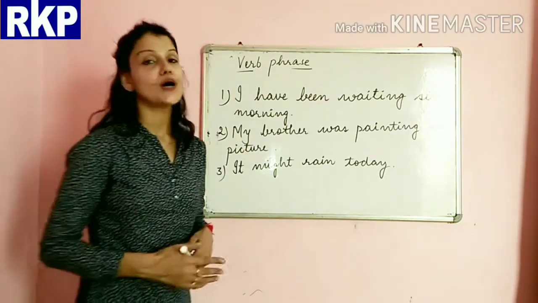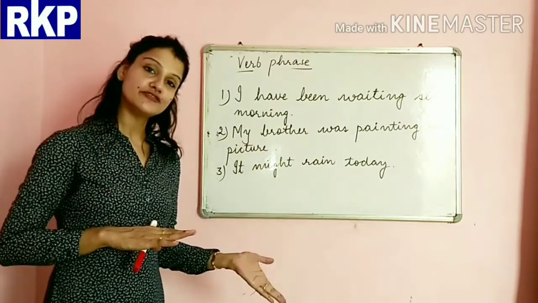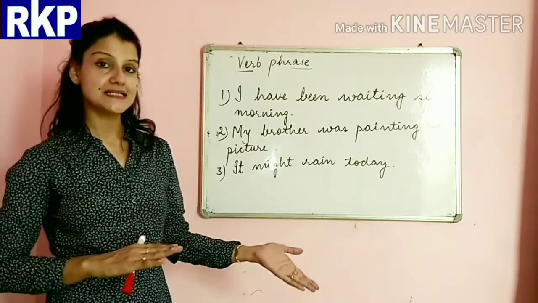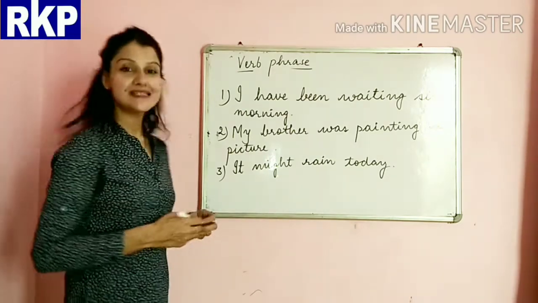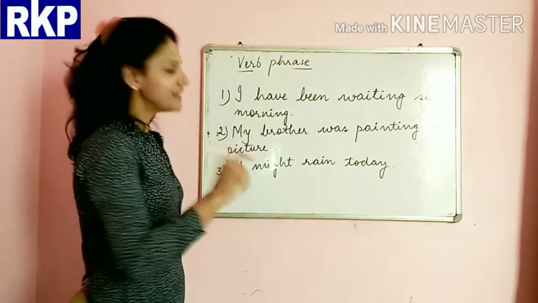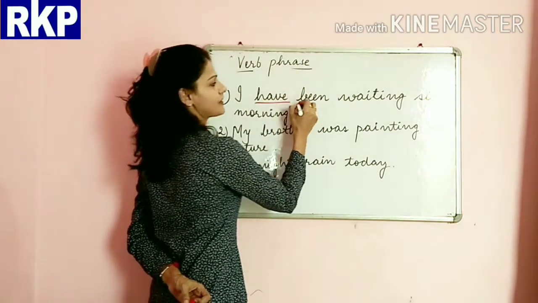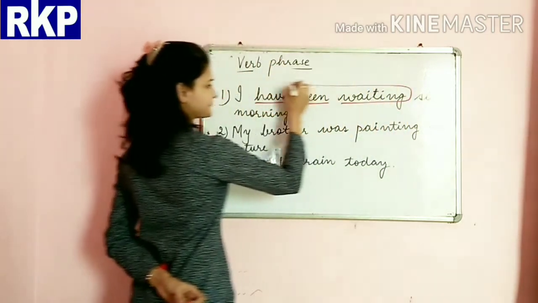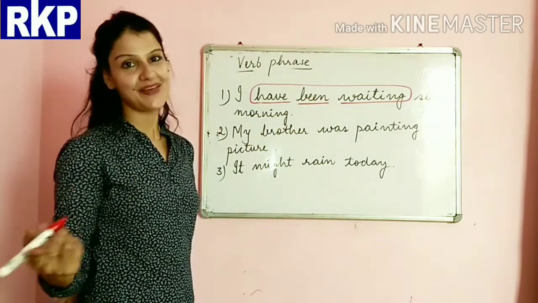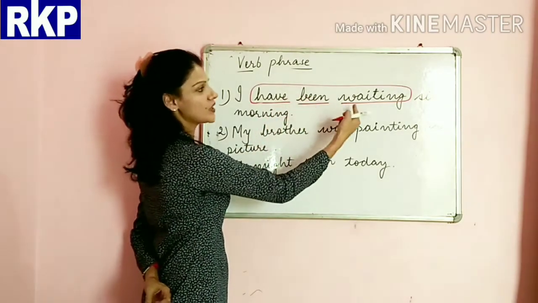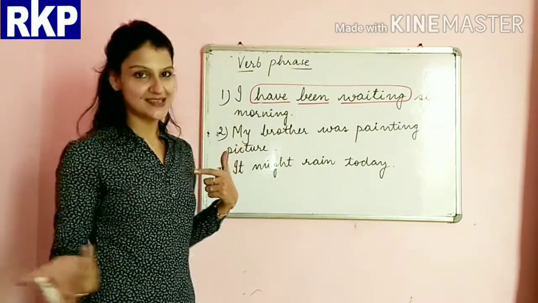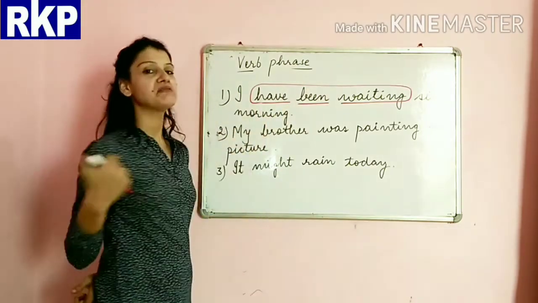As I told you, verb phrase is a combination of either an auxiliary verb or a helping verb and the main verb. So let's find out in the sentences. I have been waiting since morning. Here, have been waiting is our verb phrase, because these three words together are acting as the verb in the sentence. That is called a verb phrase.